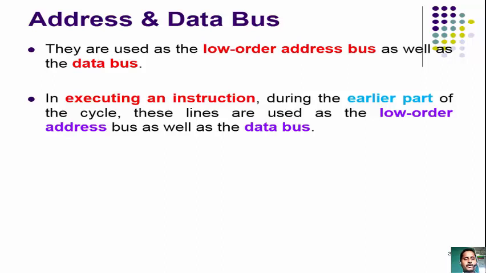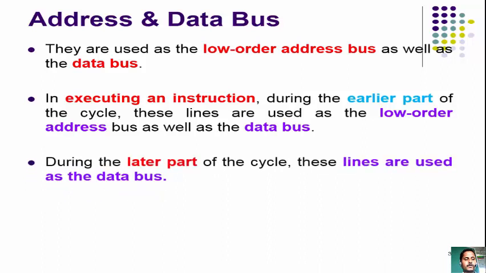Firstly, during the execution, AD0 to AD7 lines are used for address, and then in the next cycle the same lines are used for data transmission or data reception, that is the D0 to D7 bus. So during the latter part of the cycle, these lines are used as the data bus.